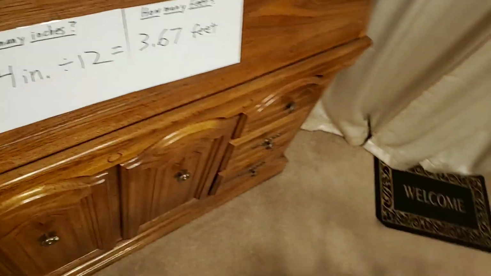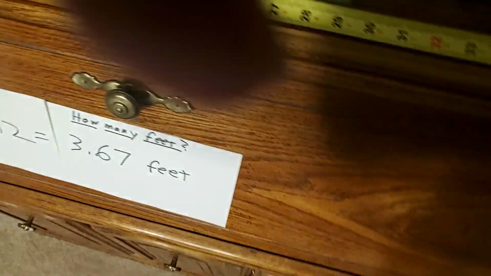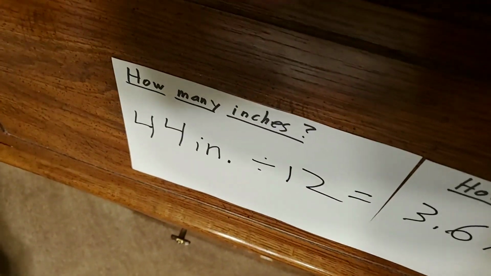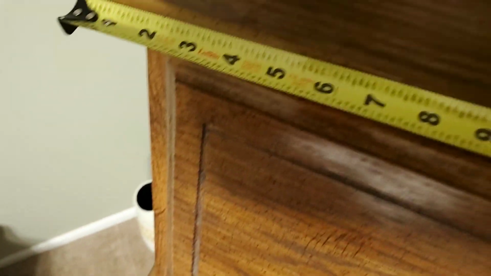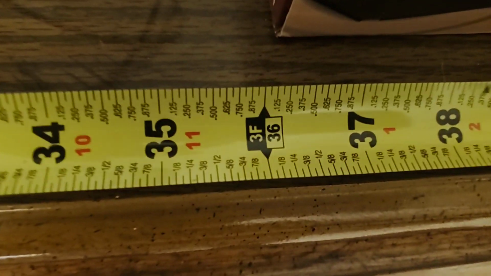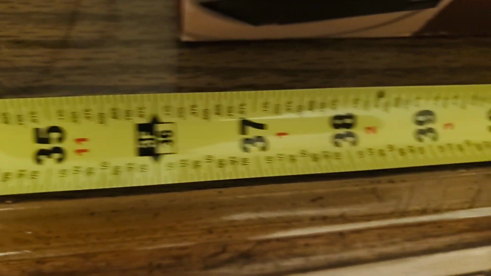Matter of fact, let's say that I do have my tape measure. If you look, you'll see that it says 1 foot, 2 feet, 3 feet, and then add 1, 2, 3, 4, 5, 6, 7.